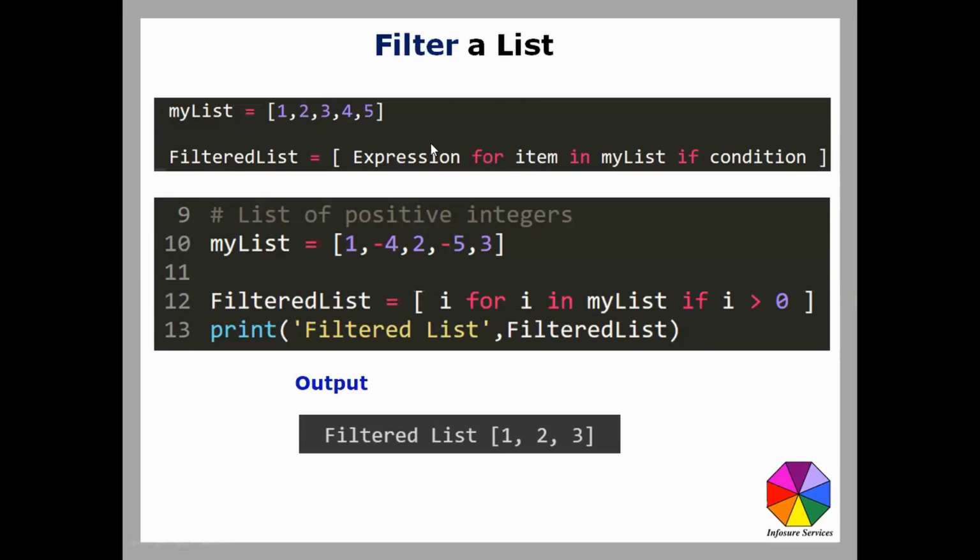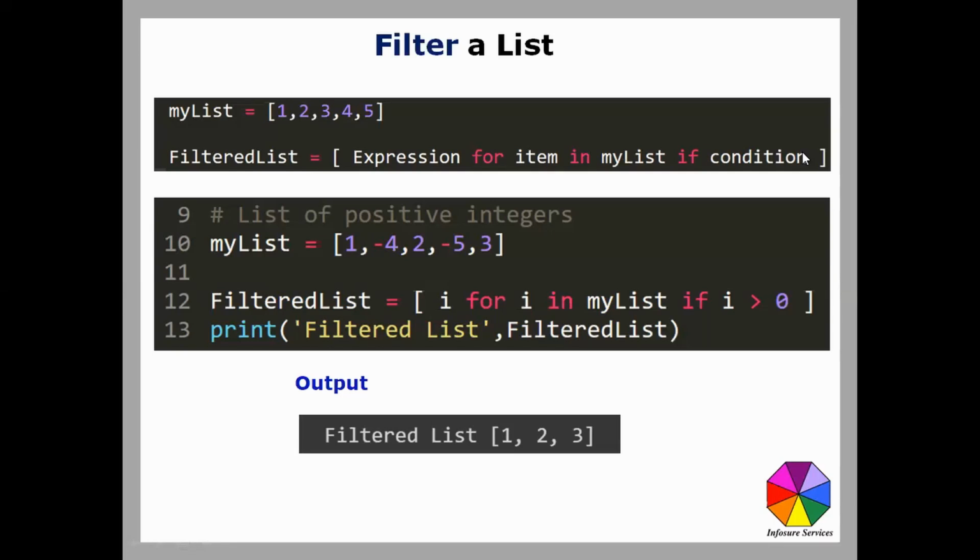You can use an expression before the for. So for item in my list is our for loop, and I can put an expression before it, and also add a condition at the end of it.